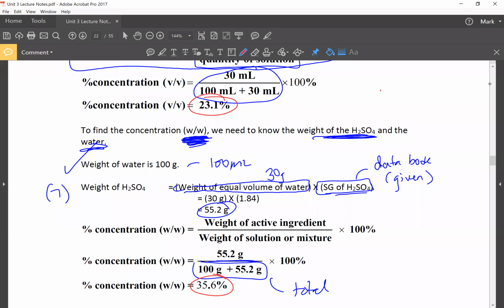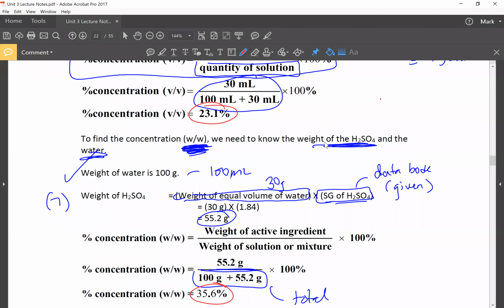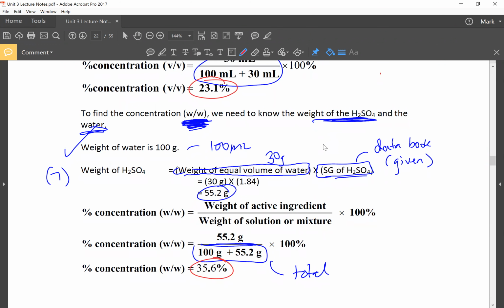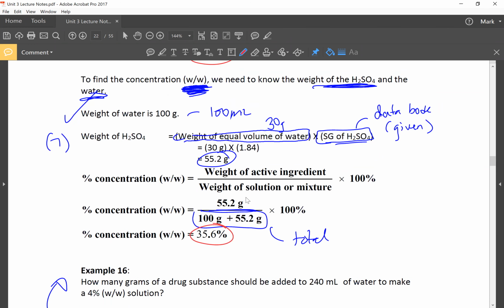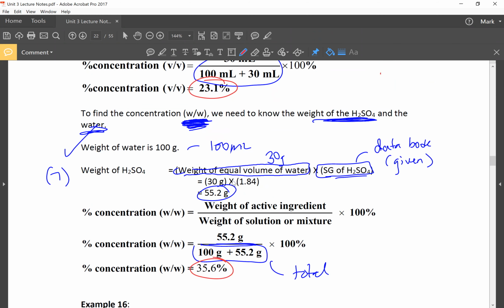You would need to make this using 23.1% volume. If you were going to make this solution using a set of scales, when you measure weight, you would create it based on its specific gravity, so 35.6%. The recipes look different, but they're going to make the exact same chemical.